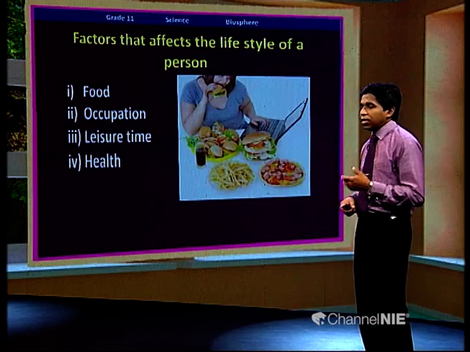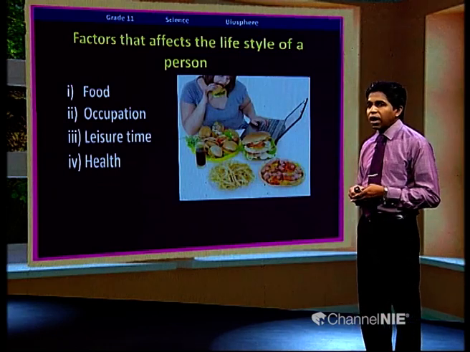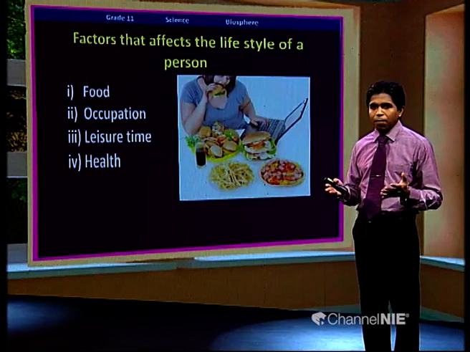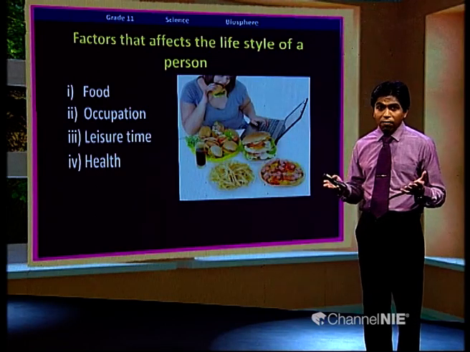Let us see the factors that affect the lifestyle of a person. The food that you consume will affect your lifestyle. You can see in this picture fast junk food, for example caffeine drinks and cola drinks, and all this junk fast food contains artificial flavoring and coloring agents. People are busy and eat junk food while they are working. Their occupation, for example an executive level job, leaves no time even to eat.